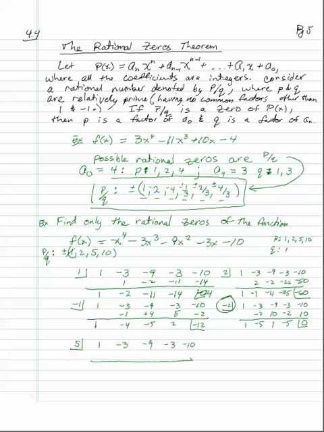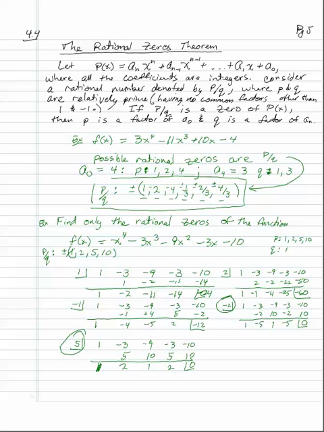So we're going to try all 8 of these. Oops, that should be 1, 5, 2, 10, 1, 5, 2, 10. Oh, there's another one. Okay, so now we got 2 and negative 2 and 5.